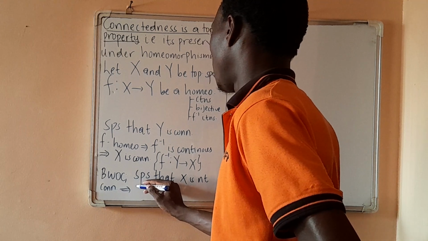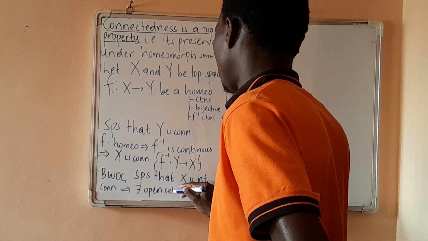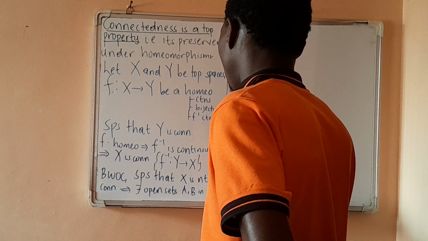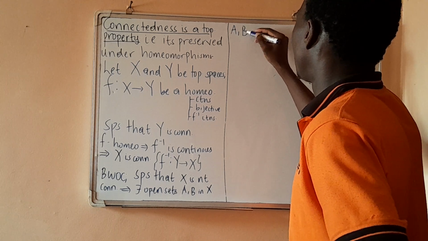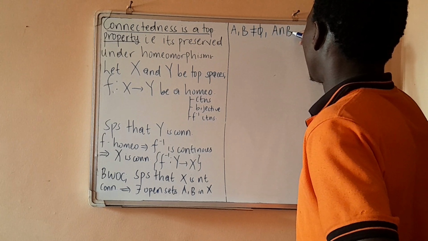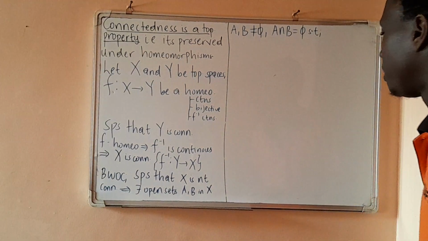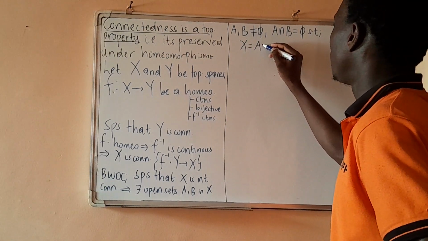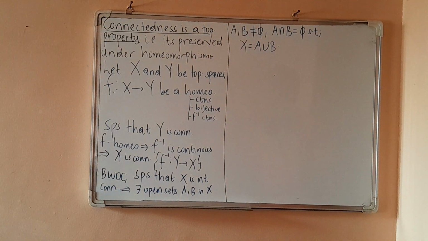This implies that there exist open sets A and B in X, non-empty and disjoint, such that X is equal to A union B. A and B form a separation of X.